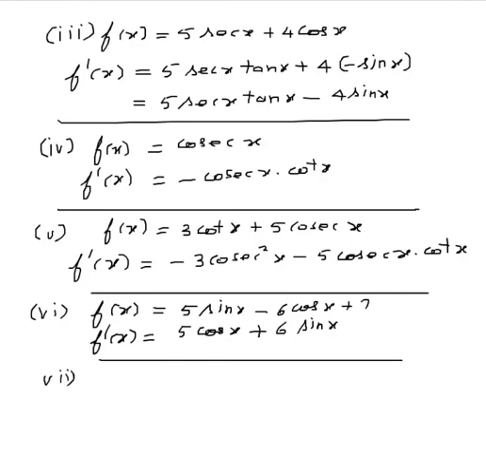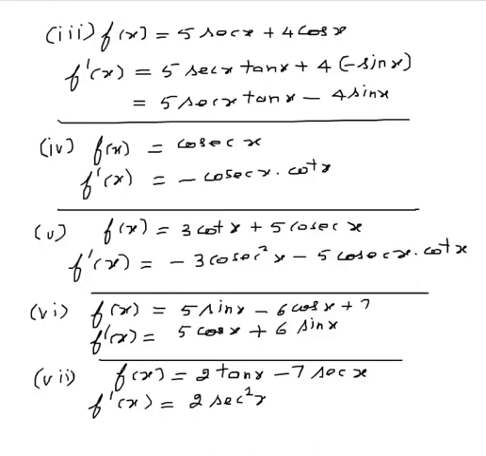Seventh, f of x is equal to 2 tan x minus 7 secant x. Therefore, f dash of x is derivative of tan x is secant square x, minus derivative of secant x is secant x into tan x.